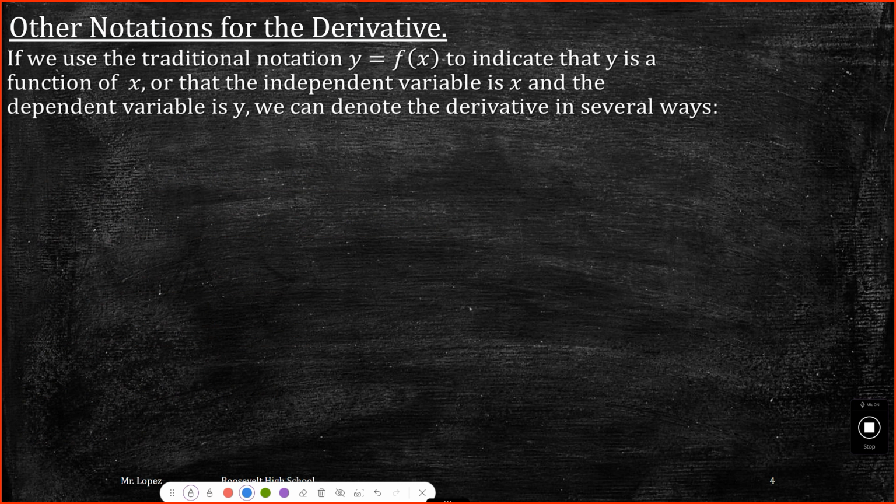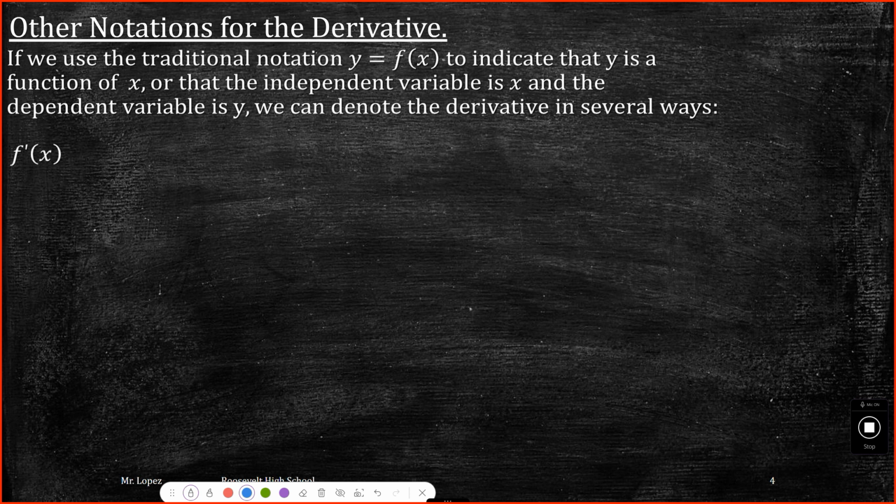Calculus was invented about 500 years ago by two people, by Isaac Newton, who was English. And then there was Leibniz from Germany, and they came up with it independently with this idea of calculus.